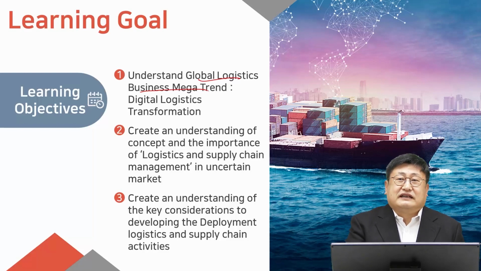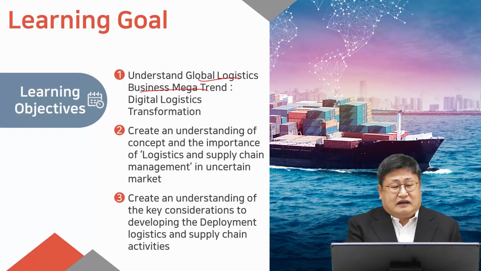If you have a certain situation and you can predict what's going on very correctly, then there's no problem, because you have prepared some solutions in advance to prevent the problems. But unfortunately, we are surrounded by an uncertain market. So in the uncertain market, we create an understanding of the importance of logistics and supply chain management.